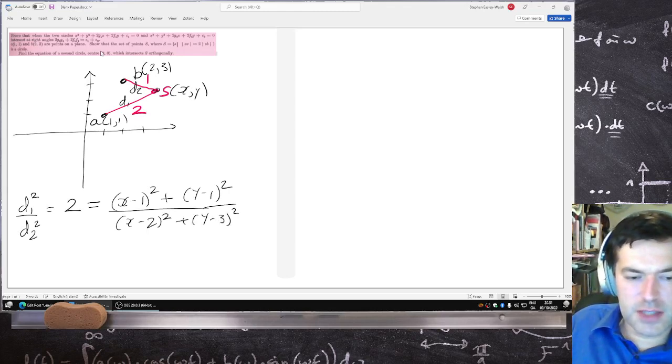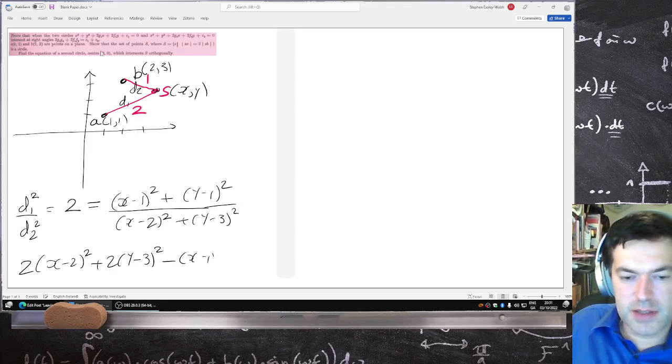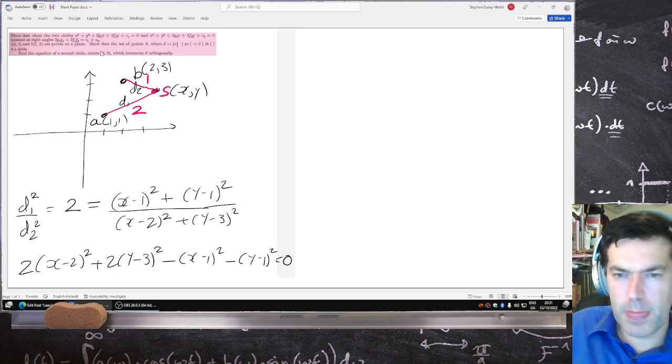So if I cross multiply, I get 2 times (x minus 2) squared plus 2 times (y minus 3) squared minus (x minus 1) squared minus (y minus 1) squared should equal 0.